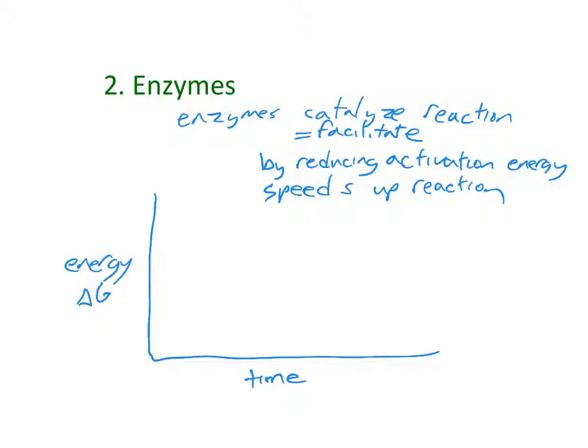So for those of you that have taken physics or chemistry, it's the delta G. So if you have a molecule with a certain amount of potential energy, there's then what's called the activation barrier, that once you get over it, the reaction occurs, then the molecule breaks apart and goes to products at a lower activation energy. What an enzyme does is reduce this activation energy so that it takes less energy to get the reaction started, which functionally speeds up the reaction.